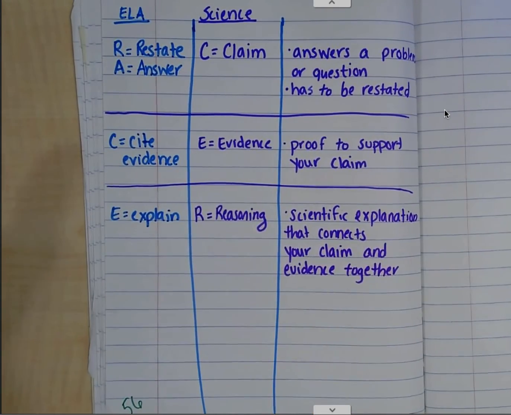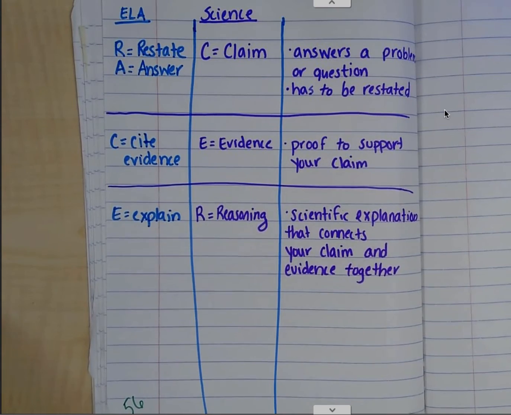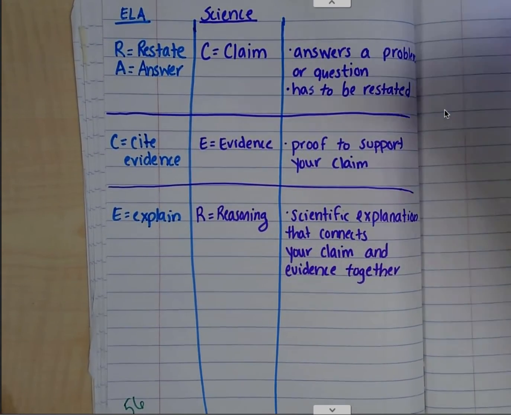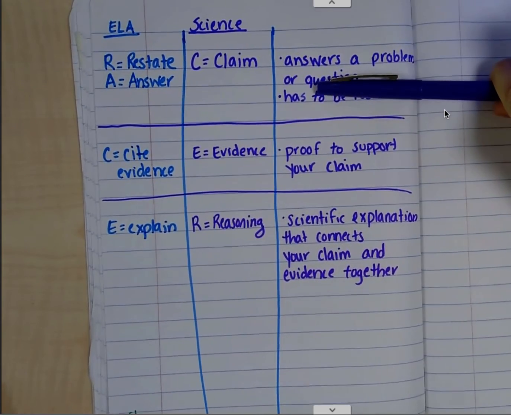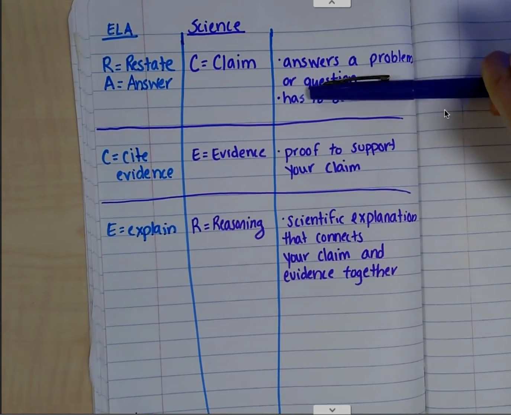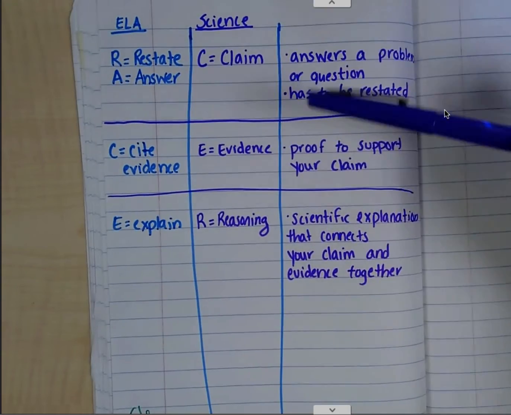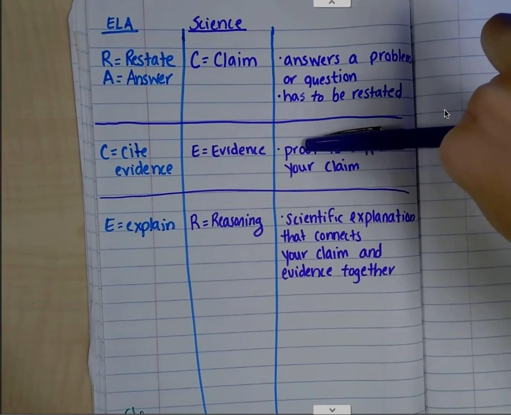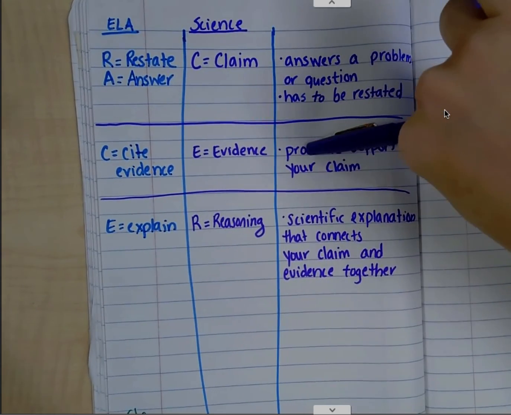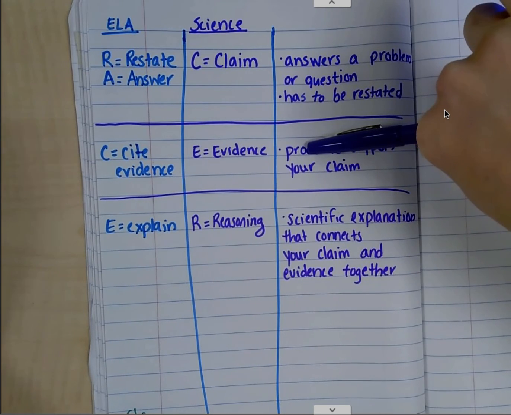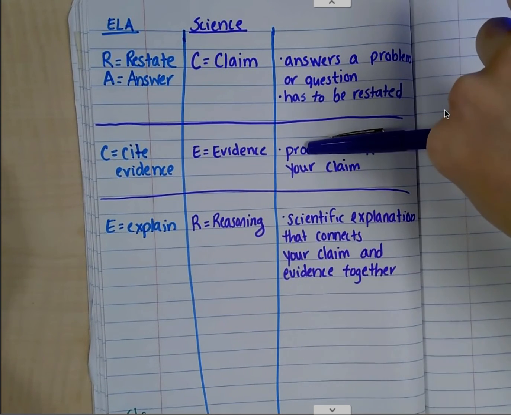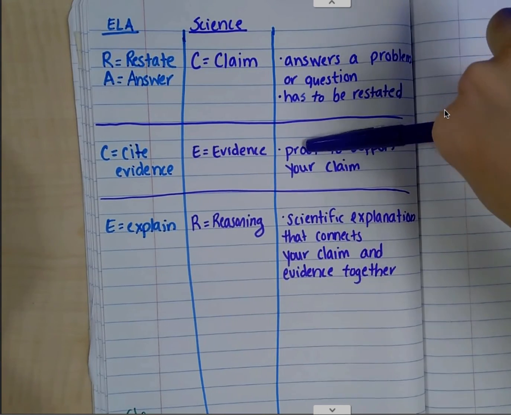So say I asked you, what type of organism is a raccoon? You would say, my claim would be the type of organism a raccoon is an omnivore. Evidence could be something about what raccoons eat. So maybe raccoons eat berries and fish.